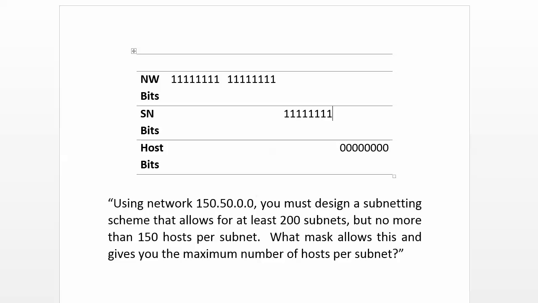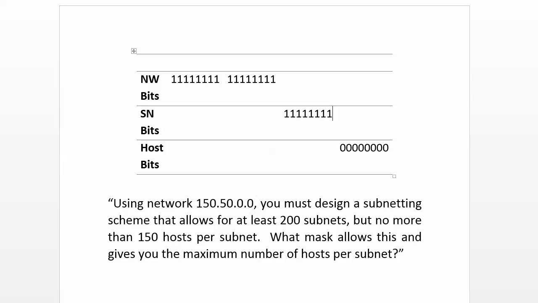Well, if we have 8 host bits left, how many valid hosts per subnet do we have? 254, right? Because you got to do the -2. So we have 2 to the 8th power, 256, minus the 2, 254, and that violates the second requirement.